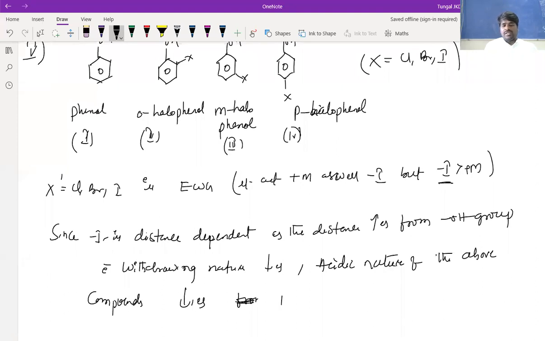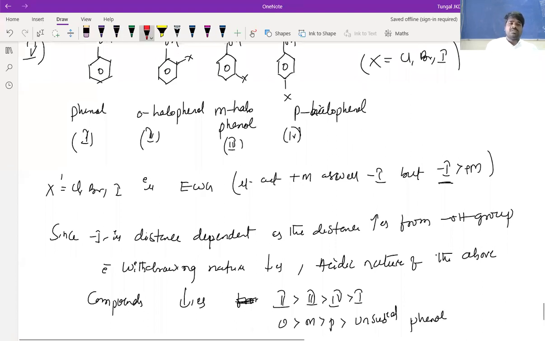See, second is most acidic, followed by third, followed by fourth, followed by first. Or otherwise I say ortho, meta, para, unsubstituted phenols. Why, beta?